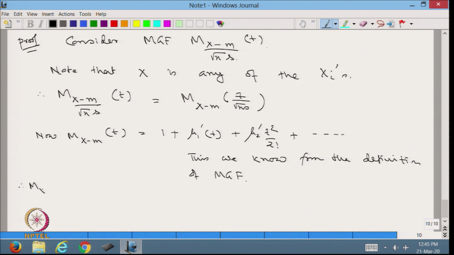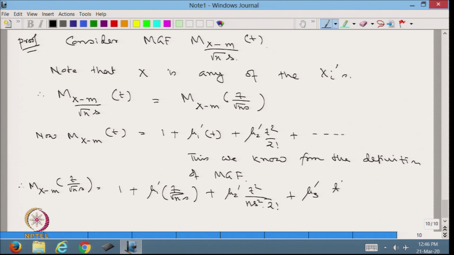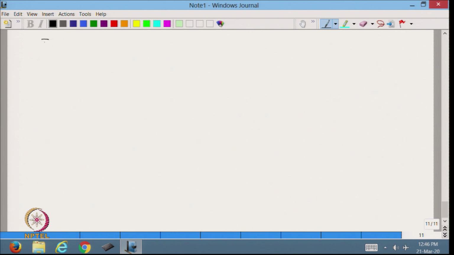Therefore, M of X minus m at t over root n s is equal to 1 plus mu 1 prime t over root n s plus mu 2 prime t square upon n s square into 2 plus mu 3 prime t cube upon factorial 3 root n s whole cube, which is equal to 1 plus t over root n s mu 1 prime plus t square upon n s square factorial 2 mu 2 prime plus higher powers of t.